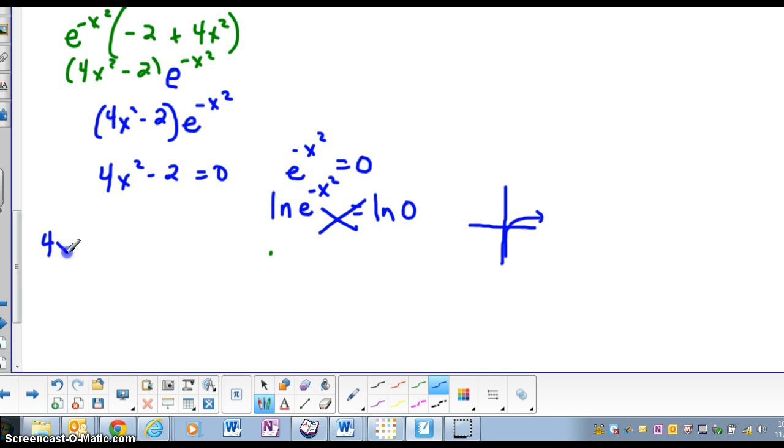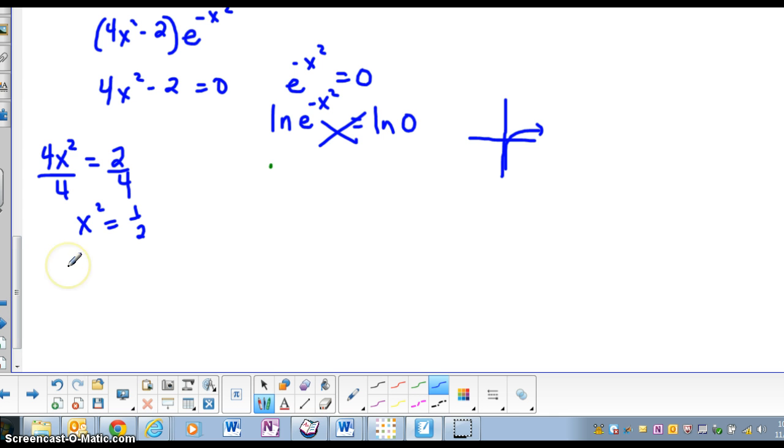And this is a nice, easy problem to solve. I'll just add 2 to both sides, then divide by 4, and we'll have x squared equals 1/2. Now we're trying to get x by itself, so we will take the square root of both sides. And remember, when we take the square root of both sides, our values could be 2 negatives times each other or 2 positives.